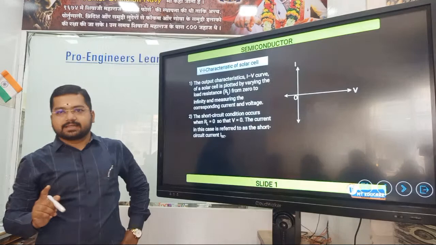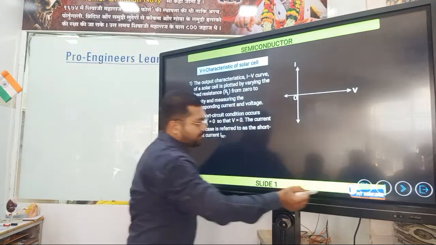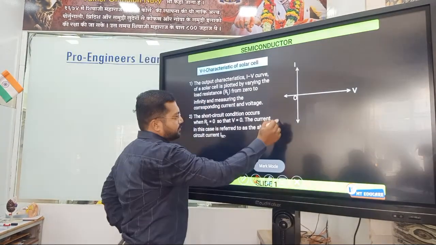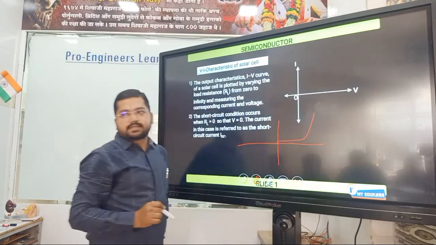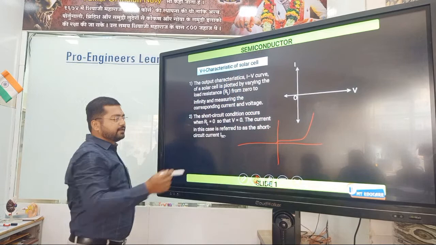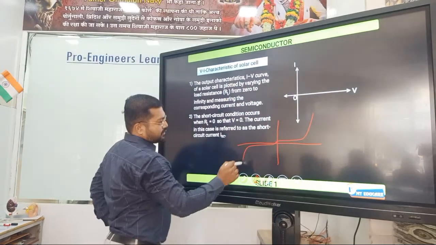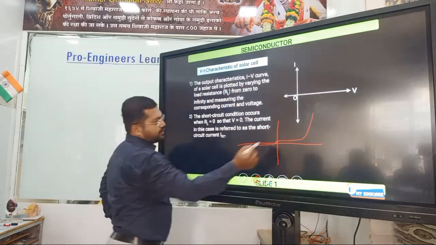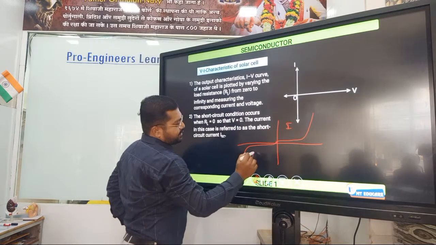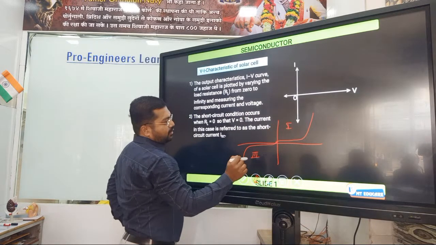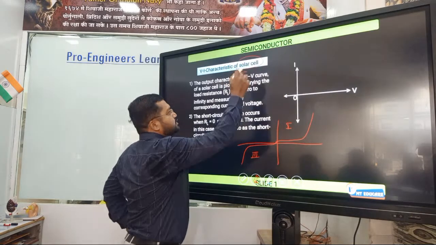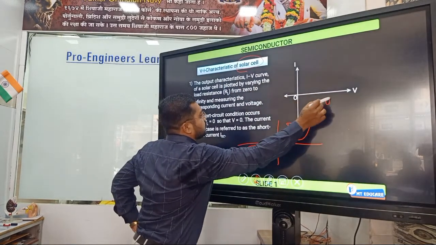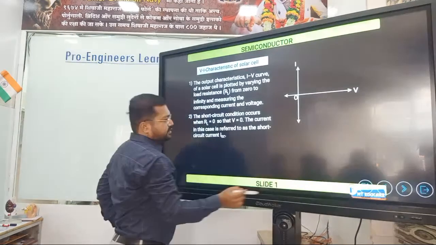VI characteristics in forward bias, we have seen this characteristics. If it is in reverse bias, then this characteristics we have seen. So it is in first quadrant, it is in third quadrant. Now this is the only one for which we will use the fourth quadrant. So keep this in mind.